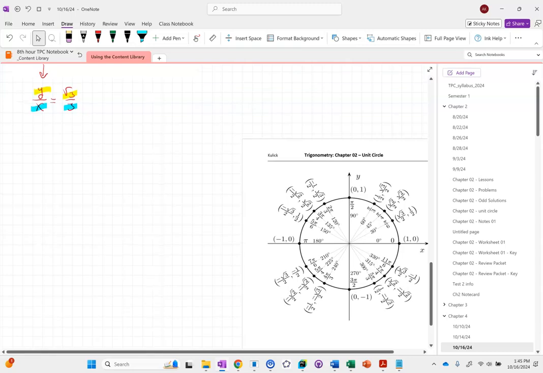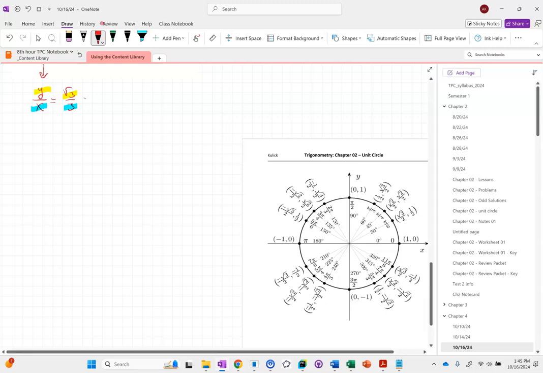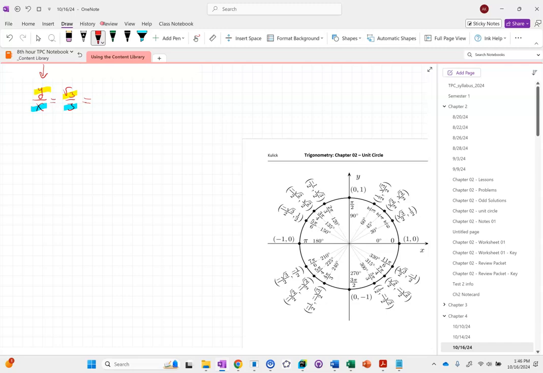No. Tangent is tricky because it's the division of 2 unit circle coordinates. So usually there's some reducing or rationalizing a denominator that's happened along the way that makes it harder to see what you're looking for. I don't even see a 3 anywhere on the unit circle. I see square root 3 over 2, but I don't see a 3.